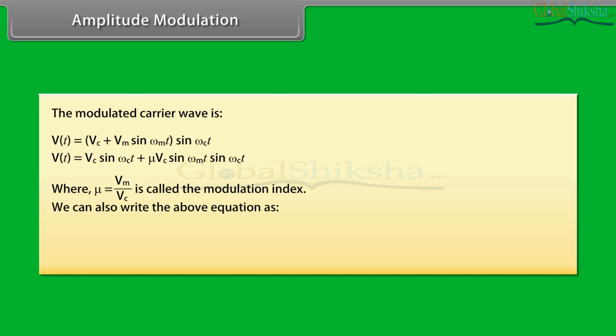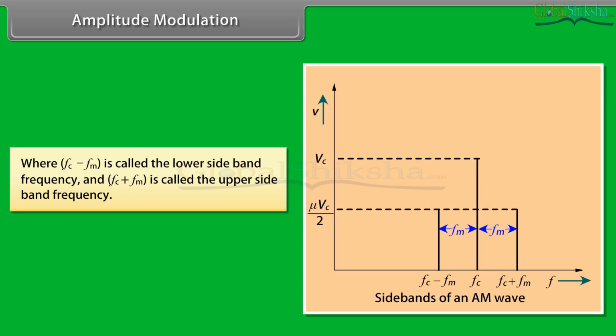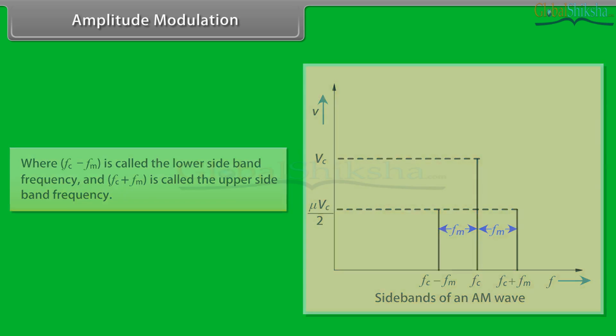We can also write the above equation as follows. Here fc minus fm is called the lower sideband frequency and fc plus fm is called the upper sideband frequency.